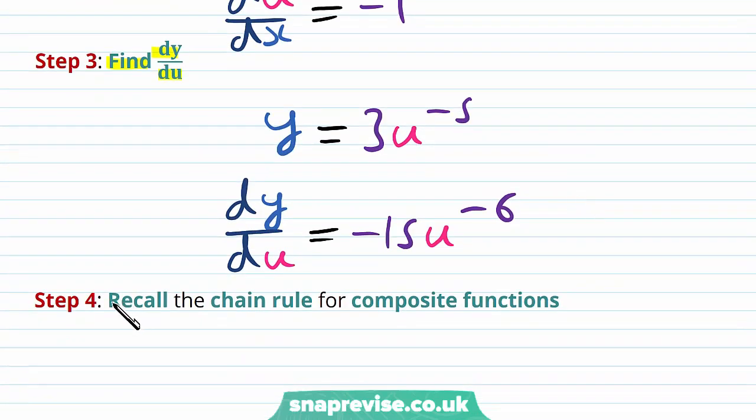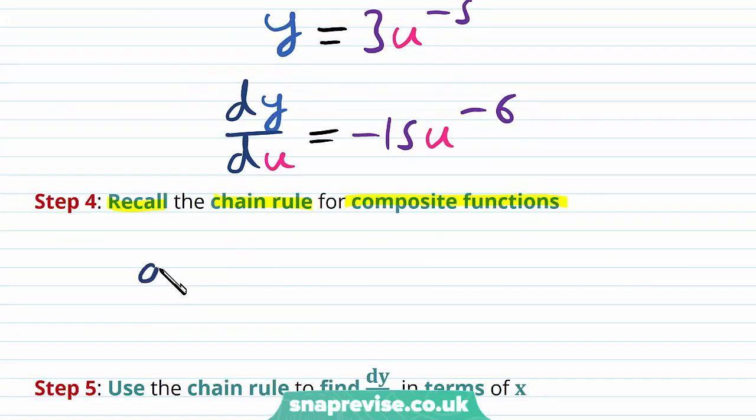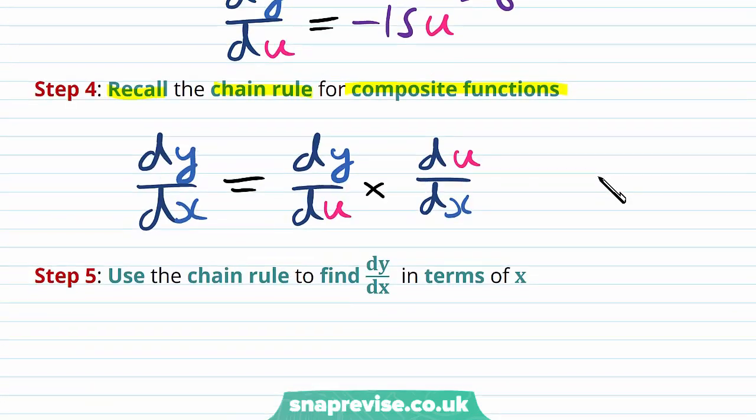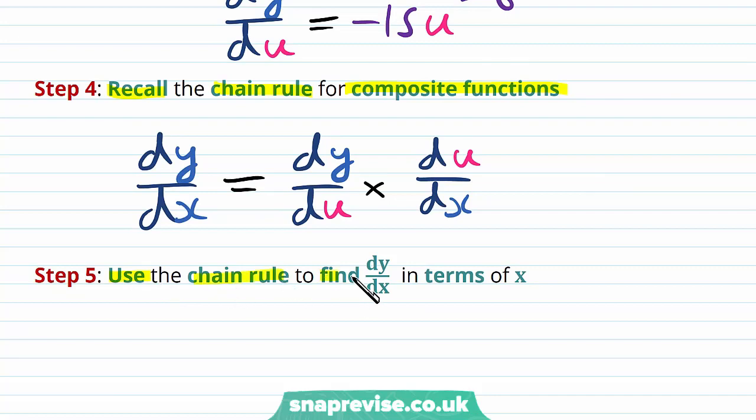Our fourth step is to recall the chain rule for composite functions. We have that dy by dx, which we're hoping to find, is equal to, when we introduce a new variable u in terms of x, dy by du multiplied by du by dx. Our fifth step is to use the chain rule to find dy by dx in terms of x.